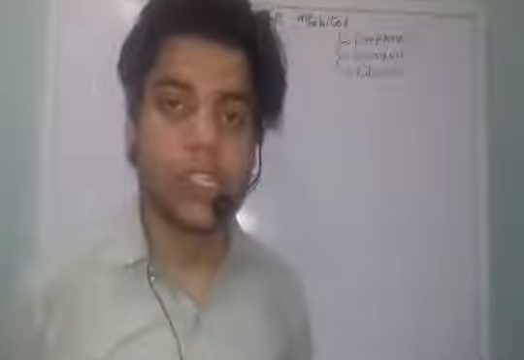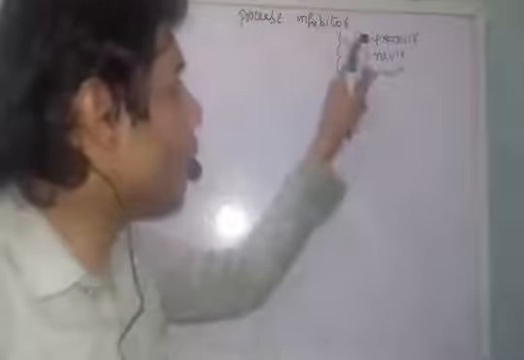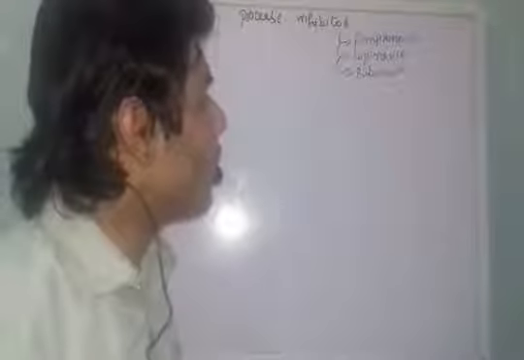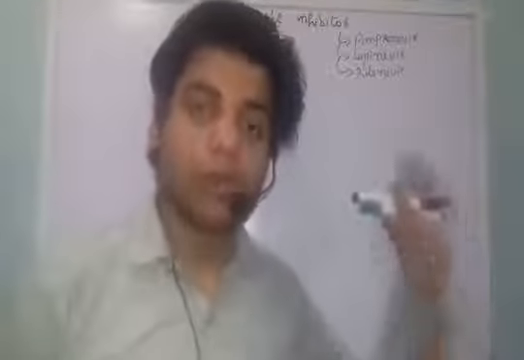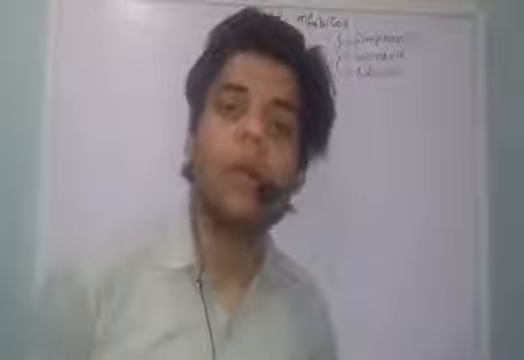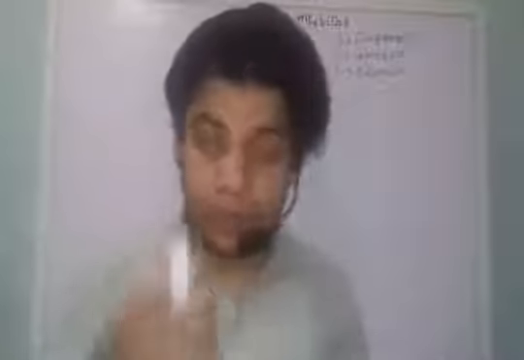So these are the drugs which are used to inhibit the activities of the protease. First is Amprenavir, second Lopinavir, and third Ritonavir. These are the drugs which are used to stop the activity of the protease enzyme.